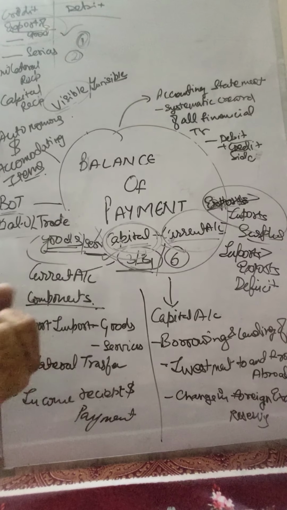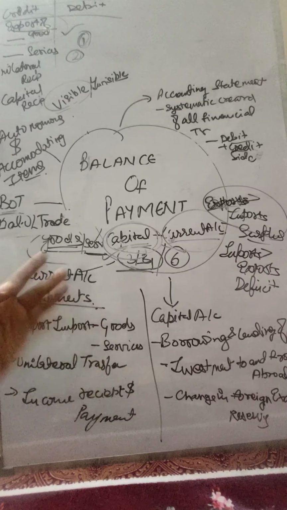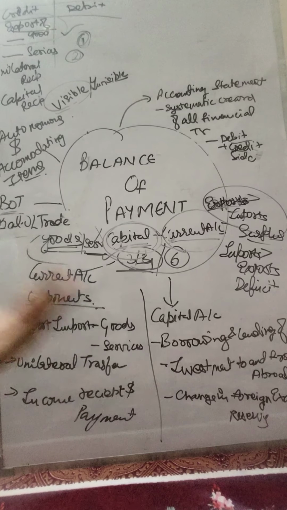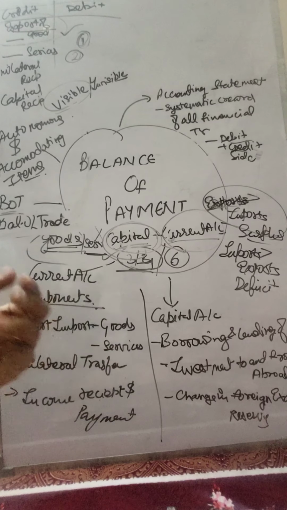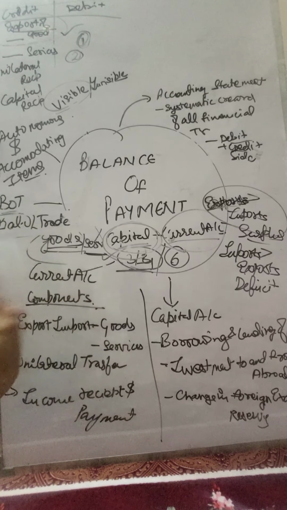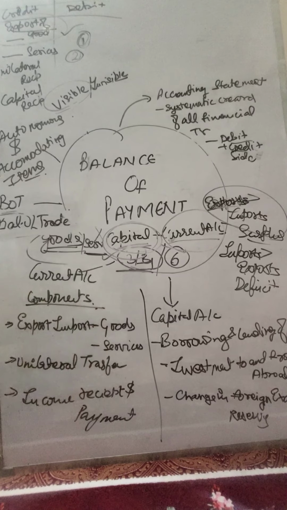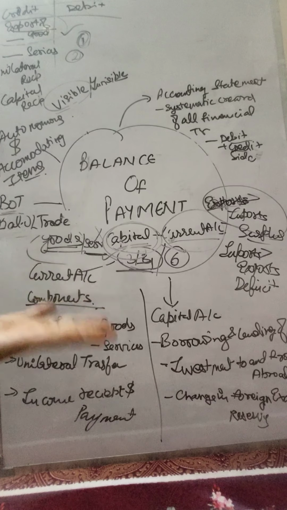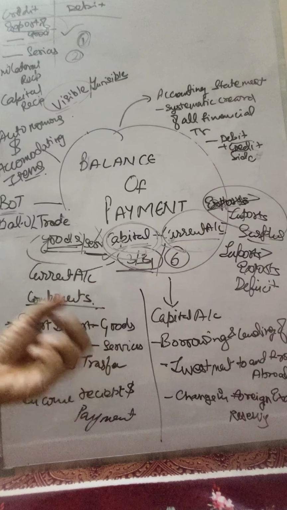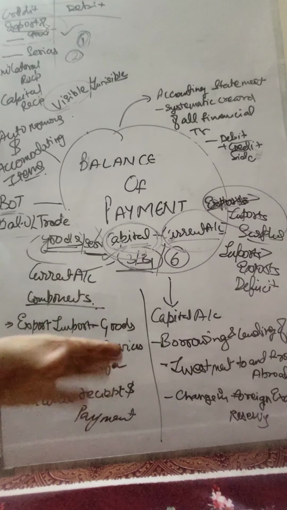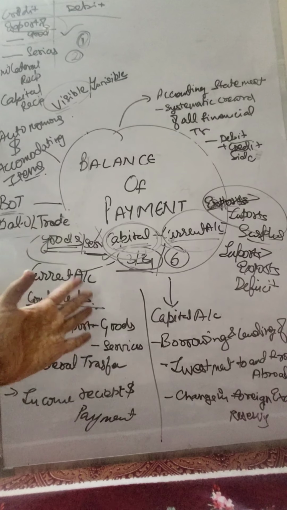Current account refers to all those transactions like export and import of goods, export and import of services, receipts and payments of unilateral transactions. Then last but not the least, we also include all those transfers that are done during a particular period of time, like income which we receive through some payments, which will be included in the current account.